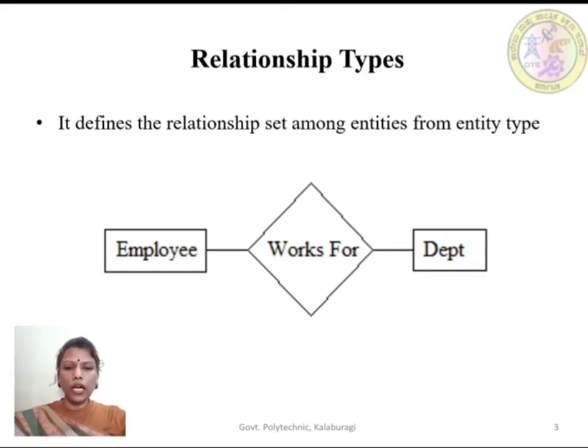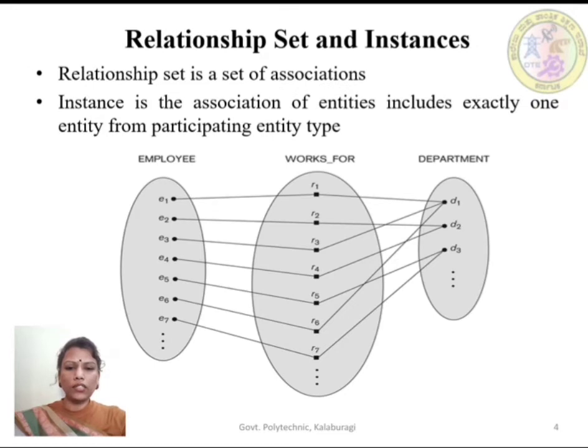So this is the abstract diagram, whereas the instance diagram is nothing but the actual entities inside the entity type. In this instance diagram, we represent which entity instance of one entity type is associated with which entity instance of another entity type.